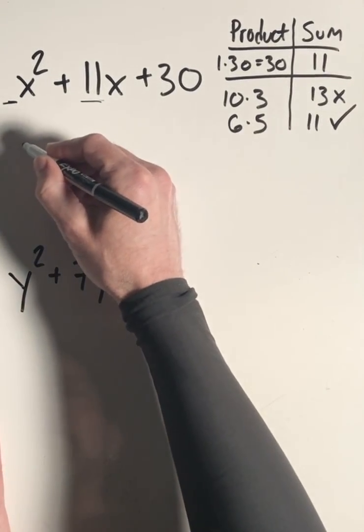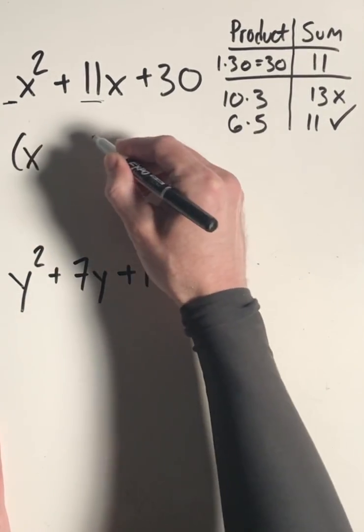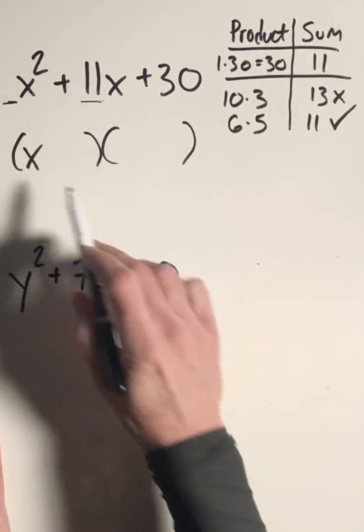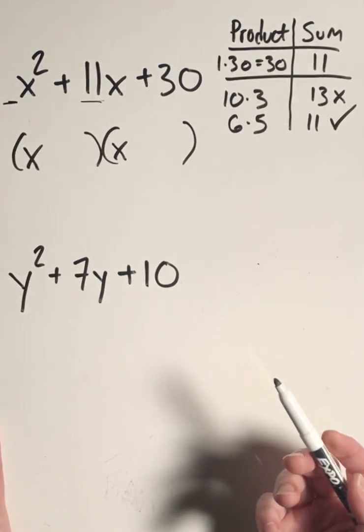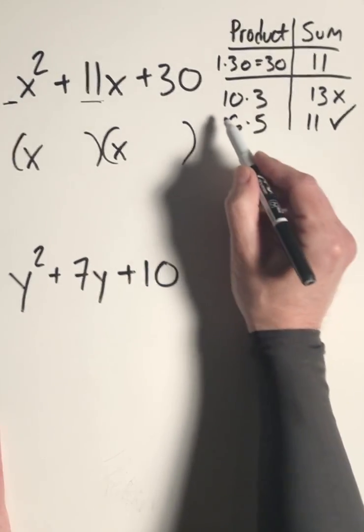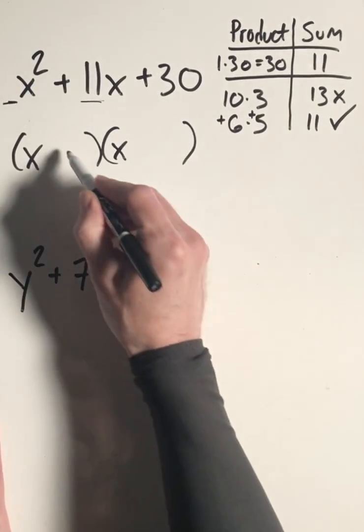So this looks like it's a bit of a shortcut, but we're going to have two groups of factors, each starting with x, and we're going to have a positive 6 and a positive 5.